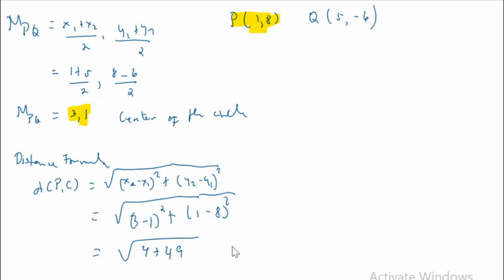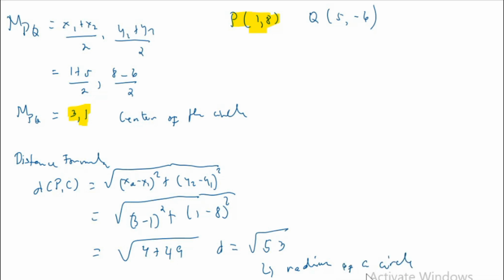Therefore, we can write the square root of 49 plus 4, which is 53. So we have the distance equivalent to the square root of 53, and that distance from P to the center is what we call the radius. So this value is also the radius of the circle.